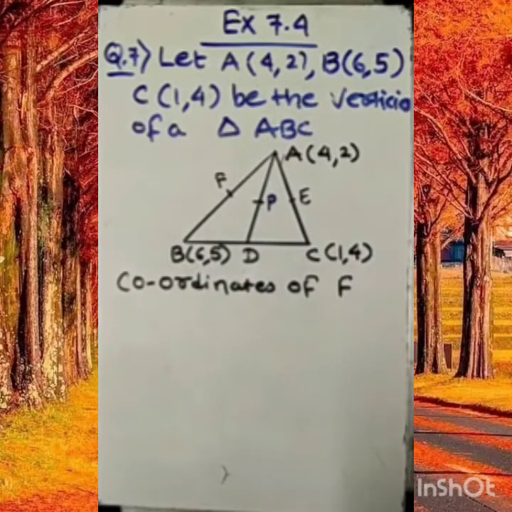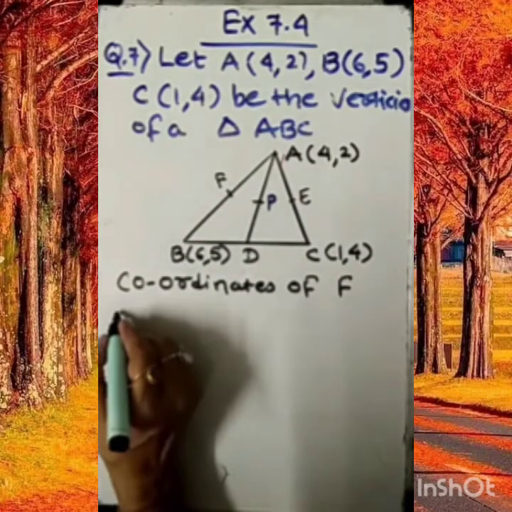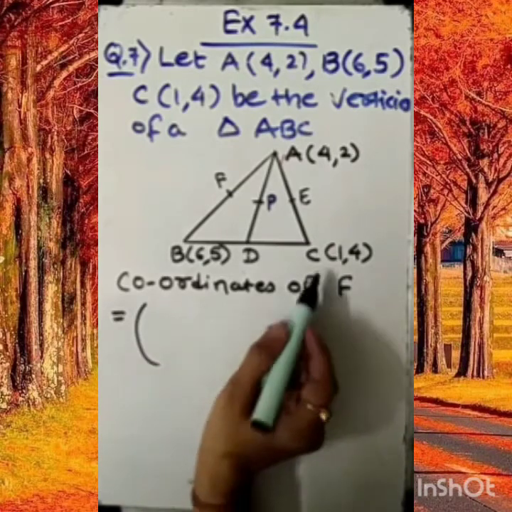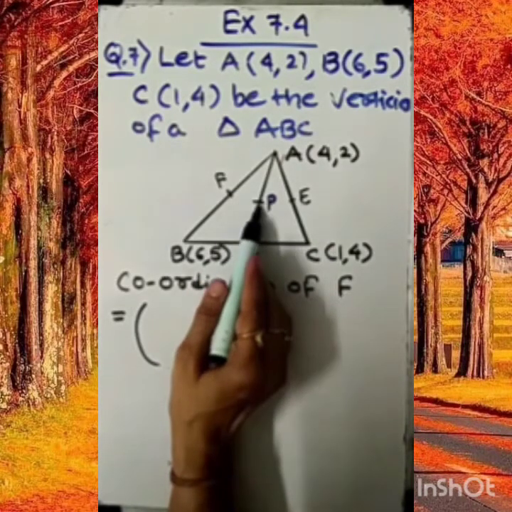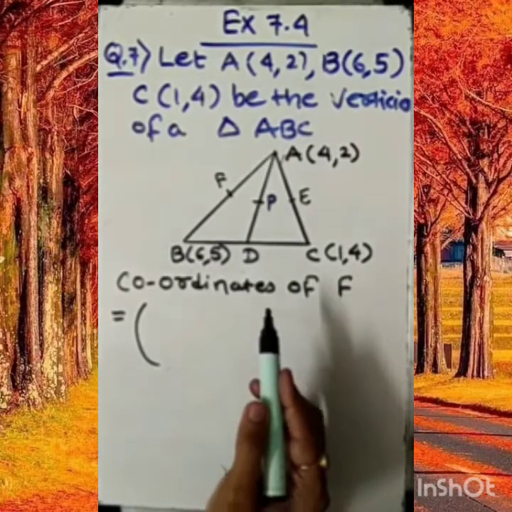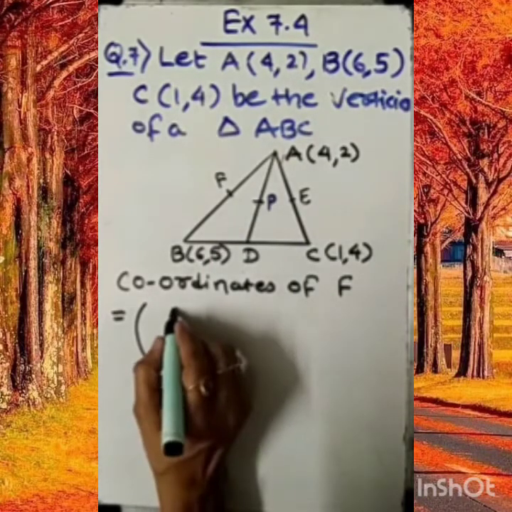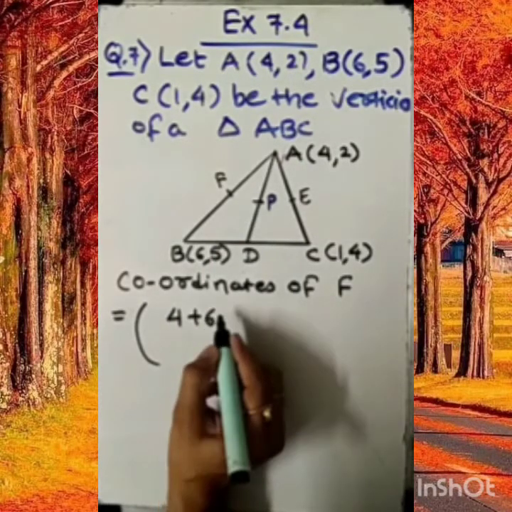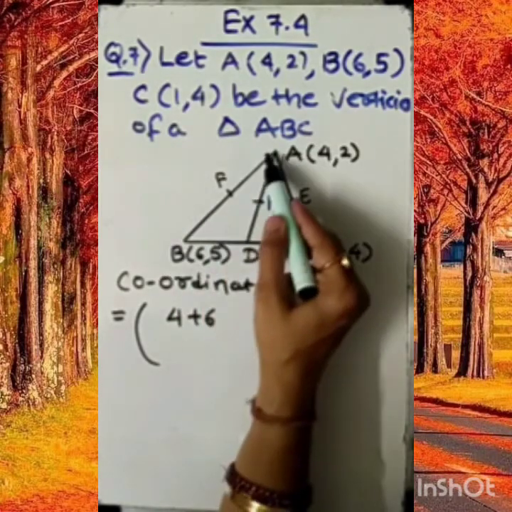So how to work out upon that? You know the formula for that. We want to find P actually, but the prior requirement is that the coordinate of F is also important. So how to go with that? Very simple, we need to write 4 plus 6 over 2, because this portion is half of AB.